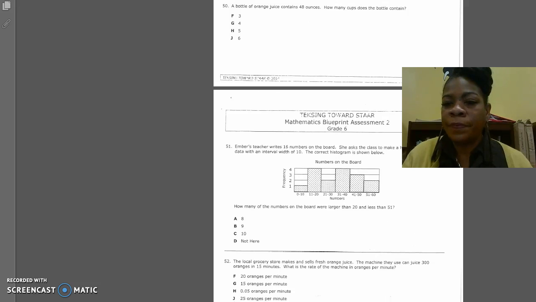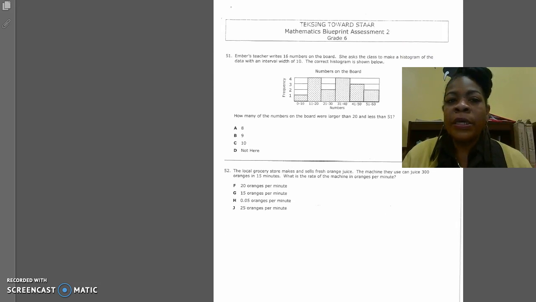51. Ember's teacher writes 16 numbers on the board. She asks the class to make a histogram of the data with an interval width of 10. The correct histogram is shown below.